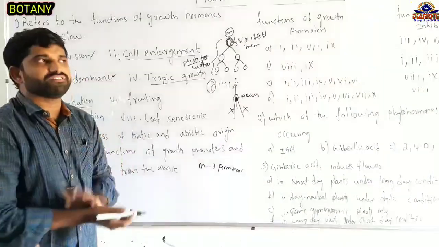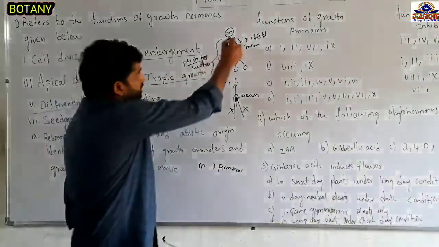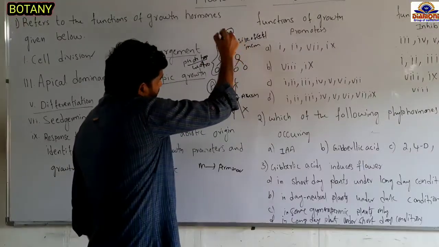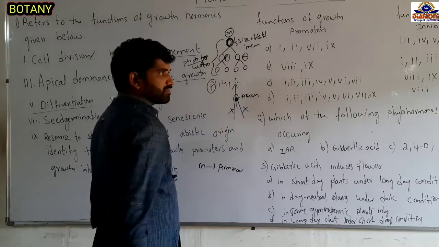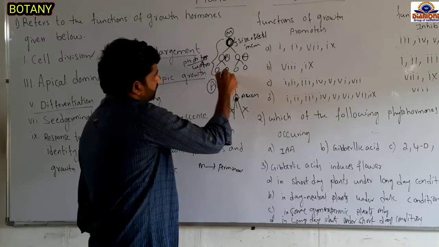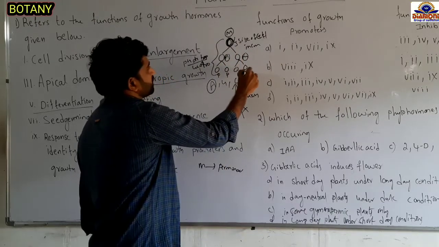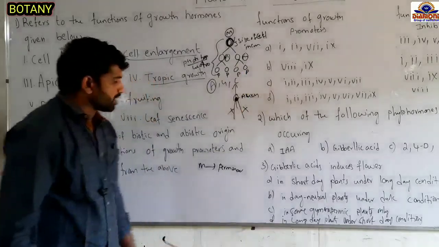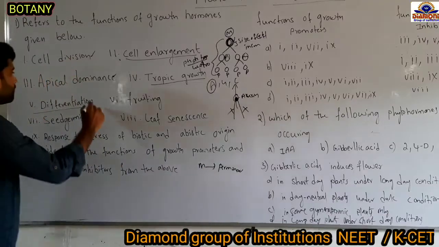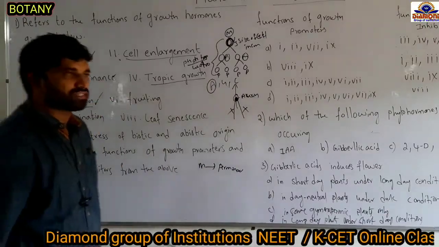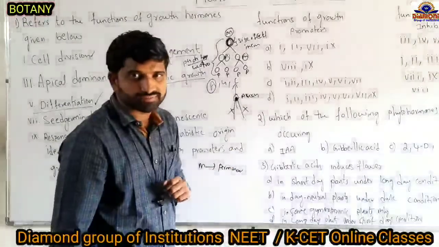Permanent cells cannot divide further. If the parental cell divides and forms daughter cells, the daughter cells also act as meristematic. Again these meristematic cells produce daughter cells that are permanent cells. So the conversion of meristematic tissues into permanent tissue is called differentiation. Differentiation is also a character of phytohormones only.